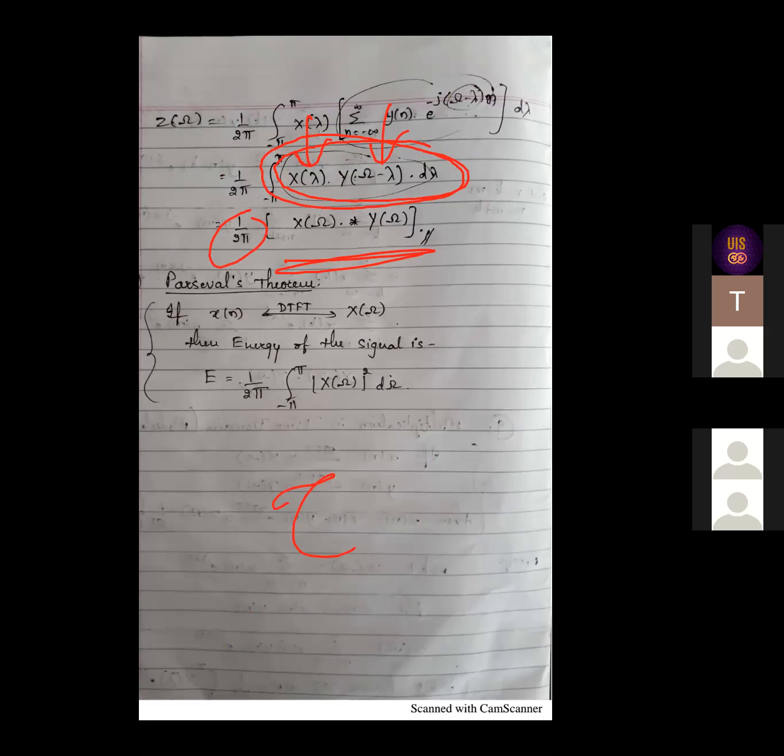So instead of lambda, we have tau. We have studied tau in the convolution. So this represents the convolution of x and y. So this is the modulation property, which is the converse of the convolution property.